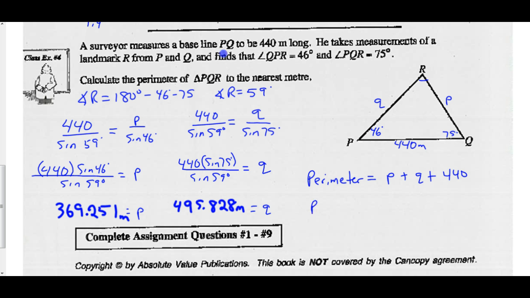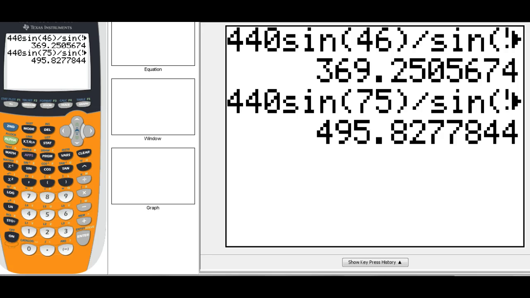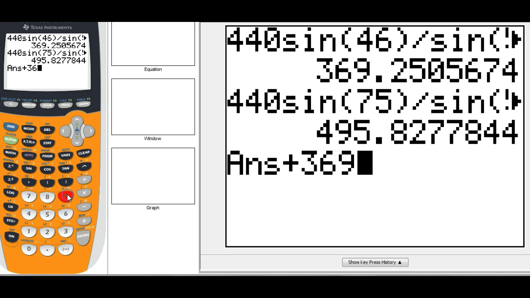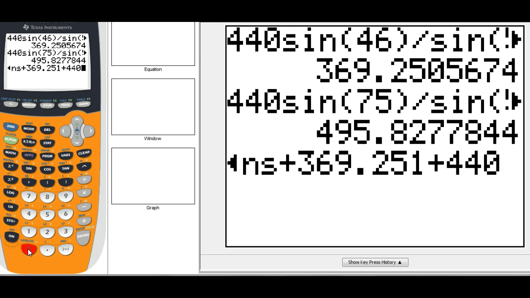So let's go to our calculator and figure that out. So there I have side Q. Let's add that side P, 369.251, plus side R, which was 440.